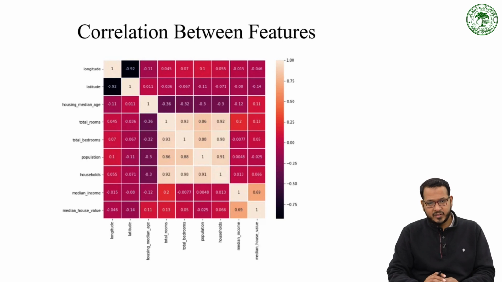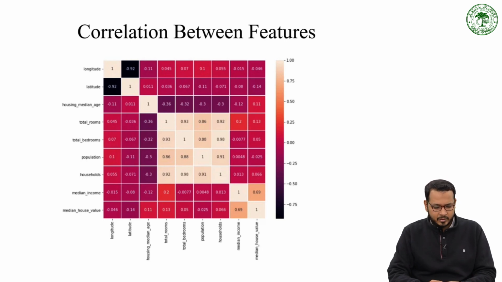This matrix here represents the correlation between the features. We will also try to derive the map of correlation between the features when we see the visualization of this data in the Python worksheet.